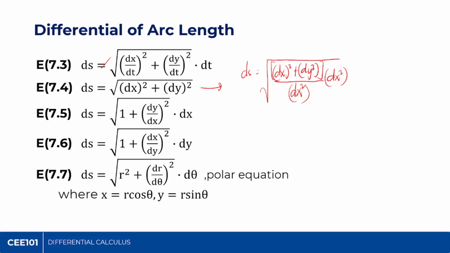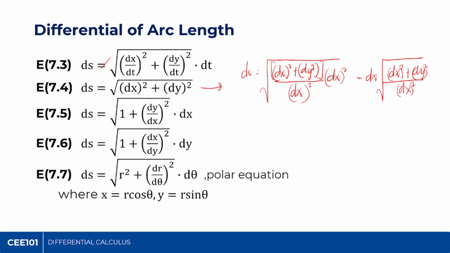And then the square root of dx squared is simply, what? dx yun. So the dx, malabas yan. And then what remains inside the square root is dx squared plus dy squared all over dx squared. Is that correct? Take note, ha, naka-parenthesis ito.